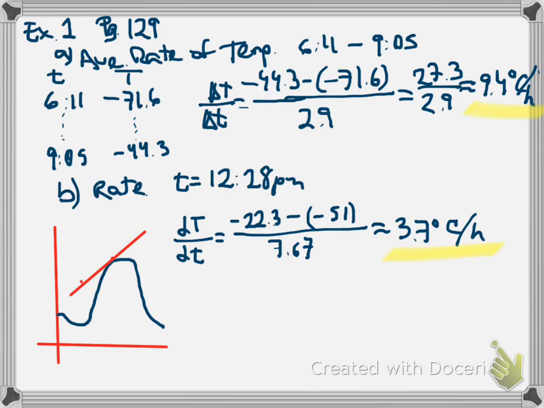Understood? Okay, now let's solve example number 2. Let me clear this, and let's start. On example number 2, which is also page 129, we have the equation A equals pi r squared, which is the known formula for the area of a circle of radius r.